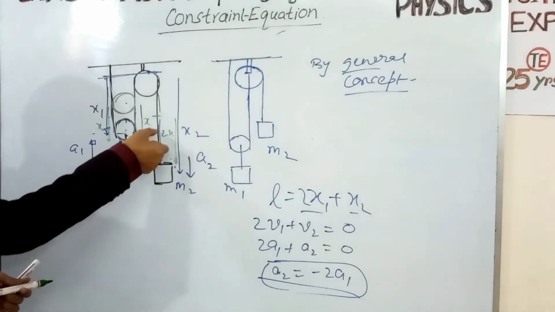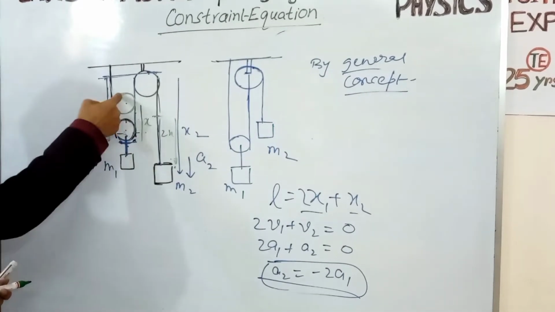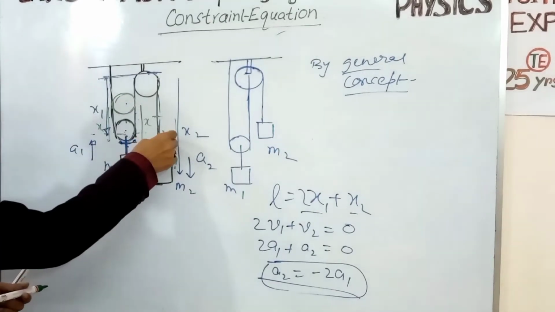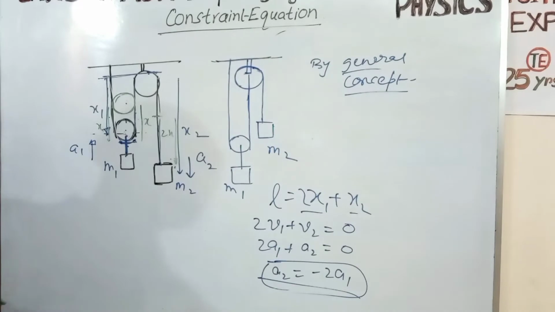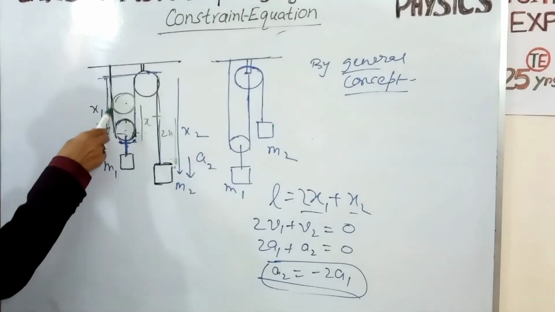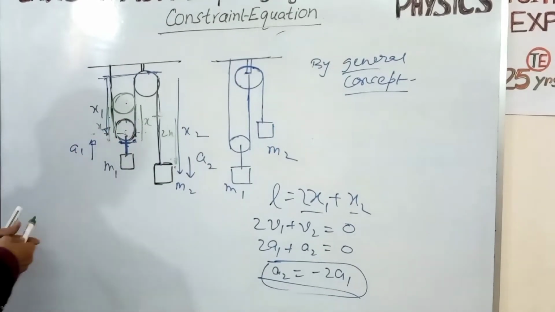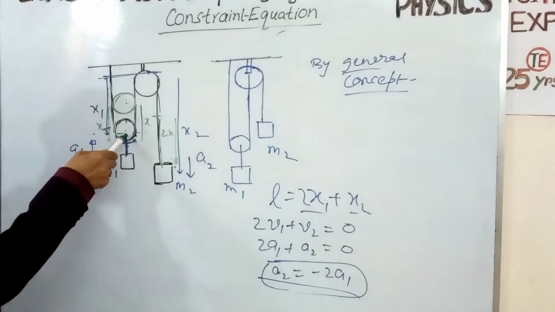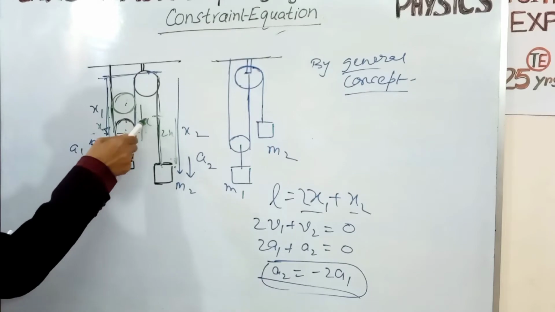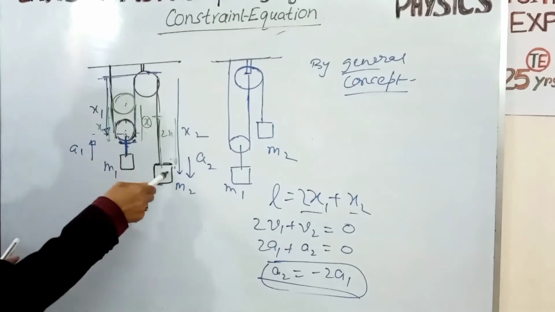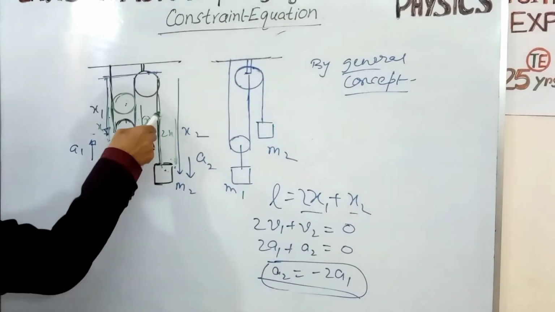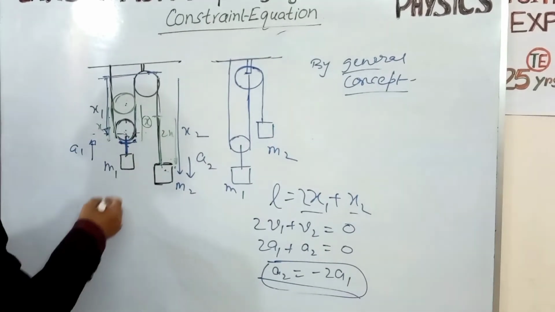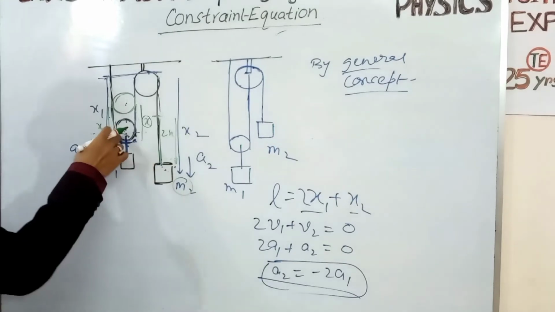So if the pulley moves a distance x upward, then this block moves a distance 2x downward, because this length and this length open. So the length of the string becomes 2x. So when the pulley moves a distance x upward, this block moves downward by the distance 2x. So obviously from this we can say that the acceleration of this block is double the acceleration of this block.